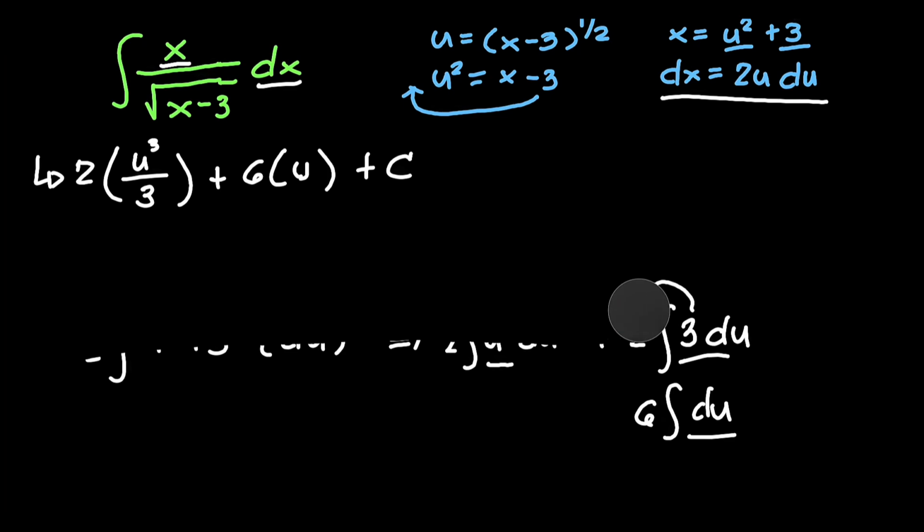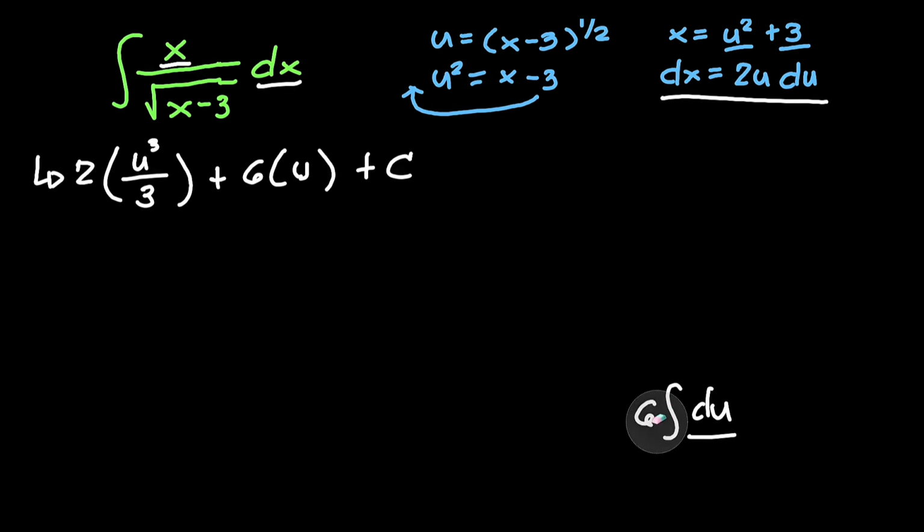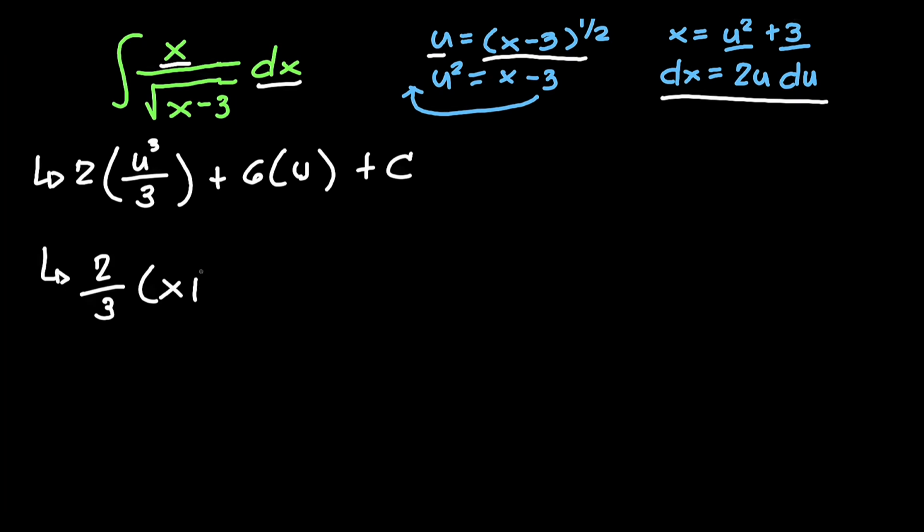Now, let us not forget to substitute u back into its original form. And so, 2/3, and u here is equal to this one. So it would become x minus 3 raised to the power of 1/2, all raised to the power of 3.